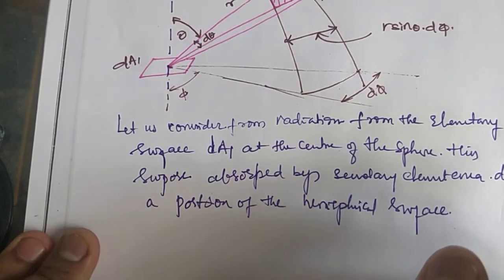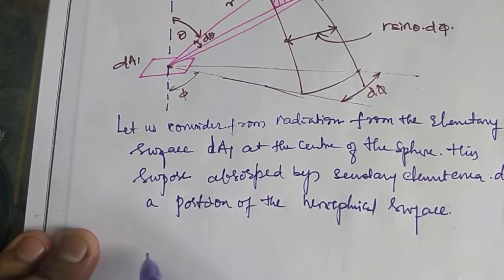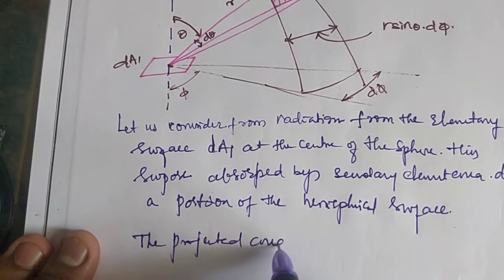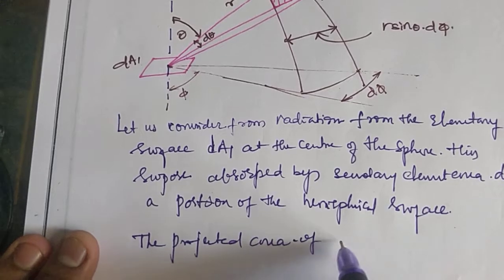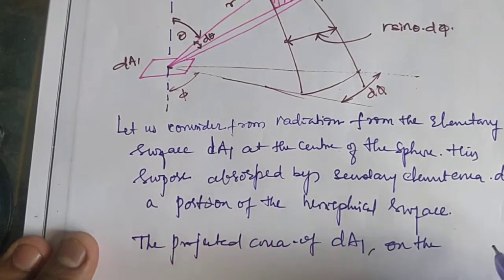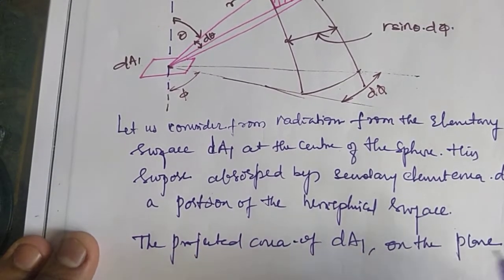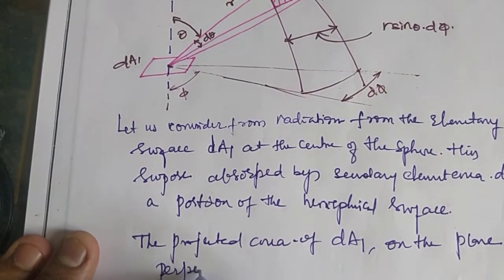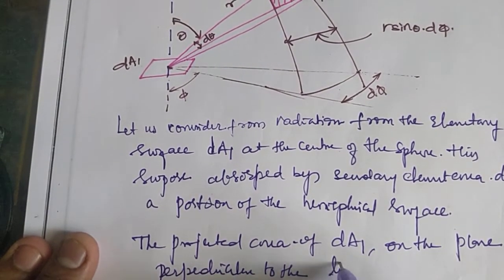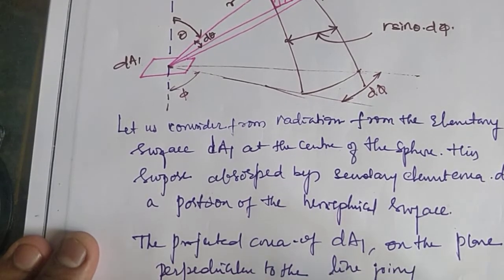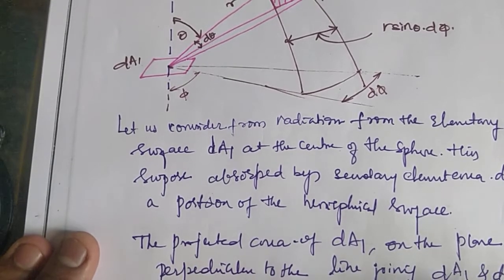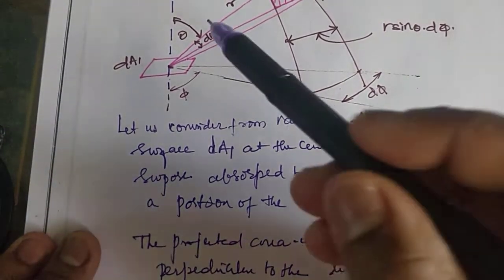Okay, so the projected area of dA1 on the plane perpendicular to the line joining dA1 and dA2. Can you see this?